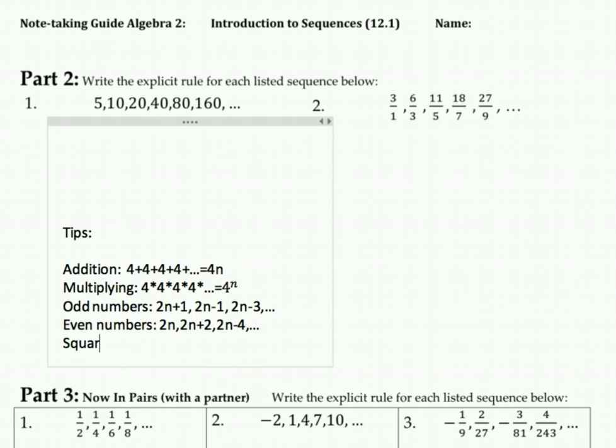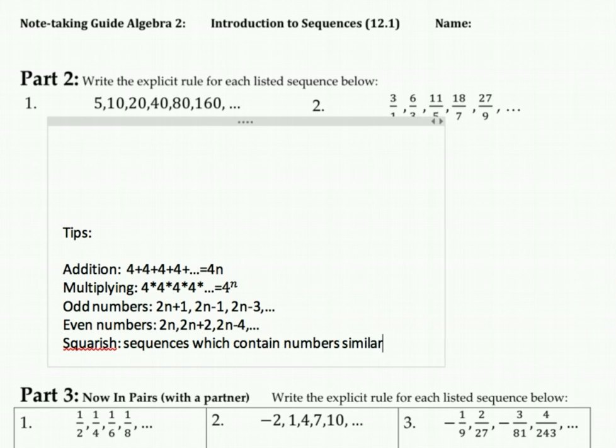Okay, let's talk about some other things you might see. How about squarish numbers? Now, of course, squarish isn't a word, but I'm going to invent squarish to describe sequences which contain numbers similar to our squares.